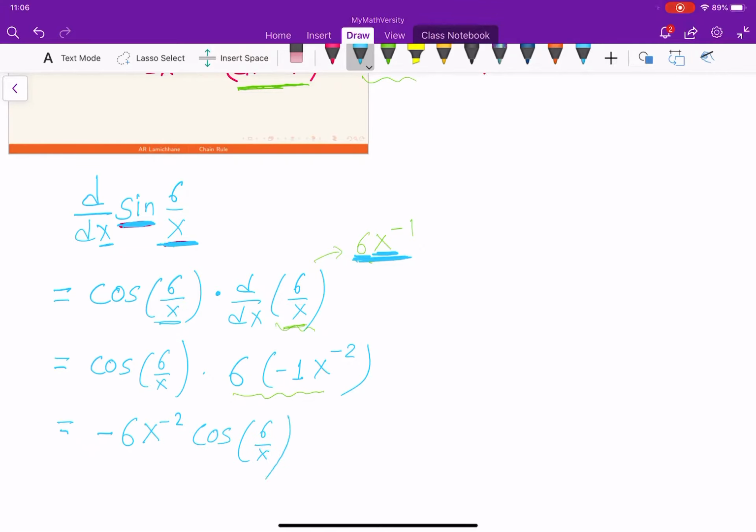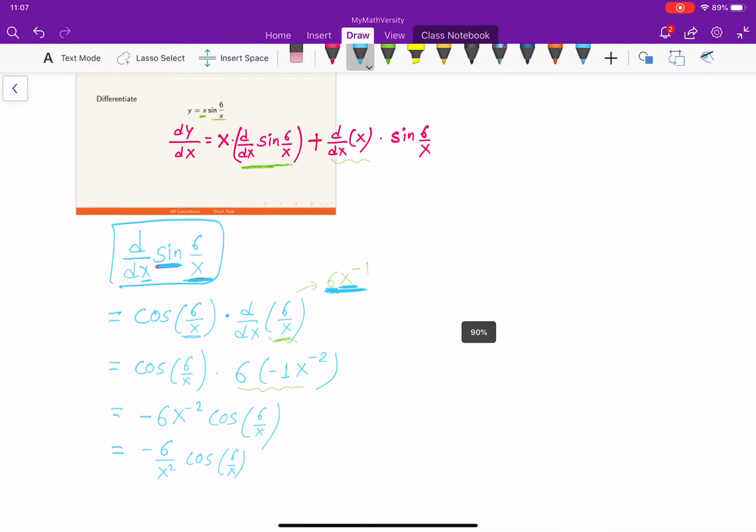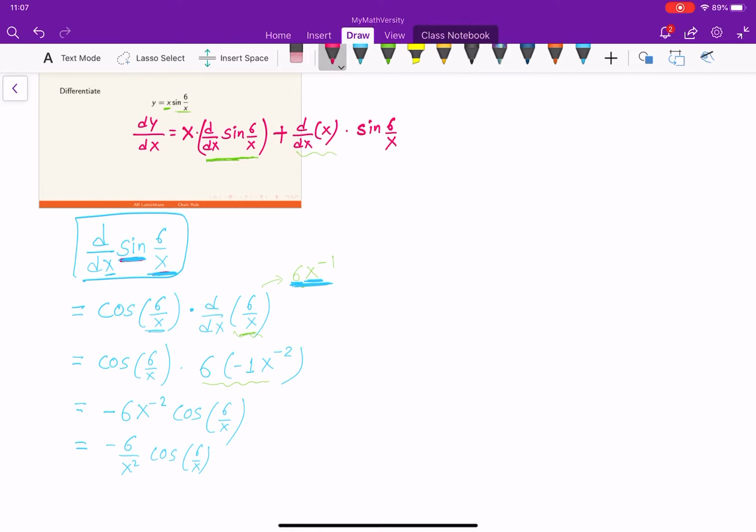So this is the derivative, or you can also write this as negative 6 over x squared times cosine of 6 over x. This is the derivative of sine of 6 over x, which we need to find the derivative of the given function, right? So let's return to our original problem.